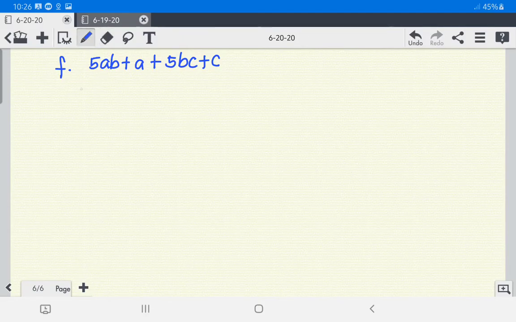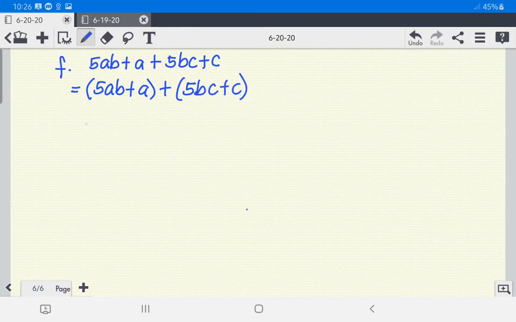So let us make use of parentheses. We have 5ab plus a, then plus 5bc plus c. After that, we get the common monomial factor, which is a. So write a times, for the first term, 5ab divided by a, the common monomial factor, plus a over a.